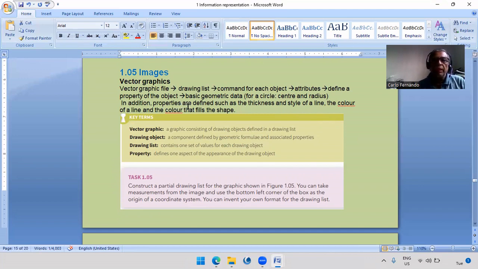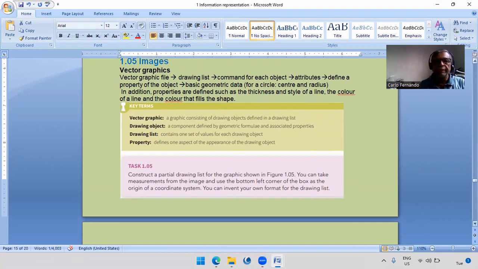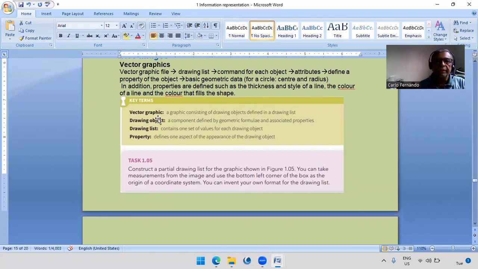In addition, properties are defined such as thickness and style of a line. If there's a line, then you need the thickness, style, the color of a line, and the color that fills the shape. We'll be doing that in detail. Before that, we just check the definitions.